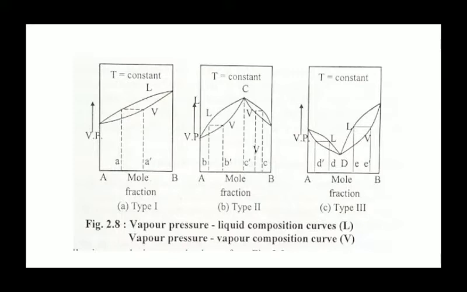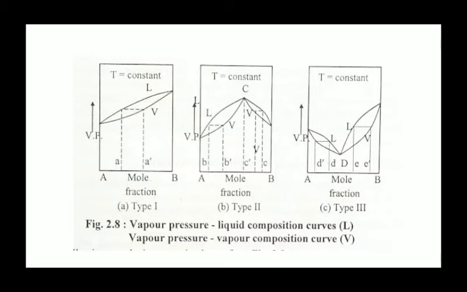The liquid of composition b is in equilibrium with vapor of composition b dash, and in comparison with b, the point b dash lies closer to capital B. Also, mixtures between C and B have vapor richer in A than the solution phase. The liquid of composition small c is in equilibrium with vapor of composition small c dash, and in comparison with small c, the point c dash lies closer to capital A.